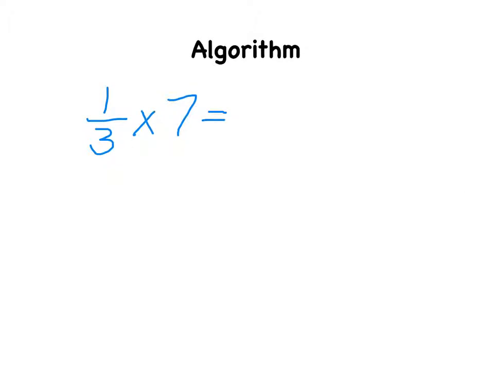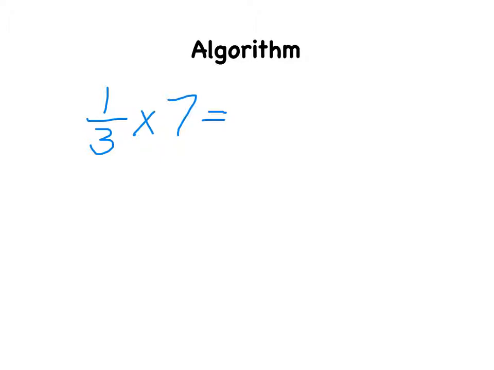Now, after we've gone through all these different strategies and practiced them in class, we're hoping that the kids can start visualizing and grasp the understanding of what they're doing when they're multiplying a fraction times a whole number. So the very last step should be the algorithm. You may be like, why didn't you try this first? It's the quick trick, it's the way I learned.